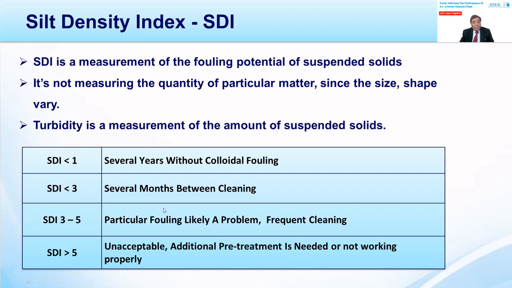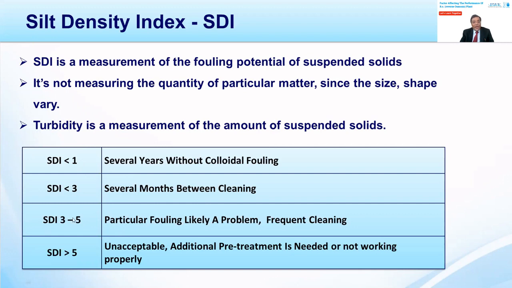Normally, less than 5 SDI is okay. If the SDI is less than 1, membranes can survive several years without colloidal fouling, and with less than 3 SDI, several months are required between two cleanings.